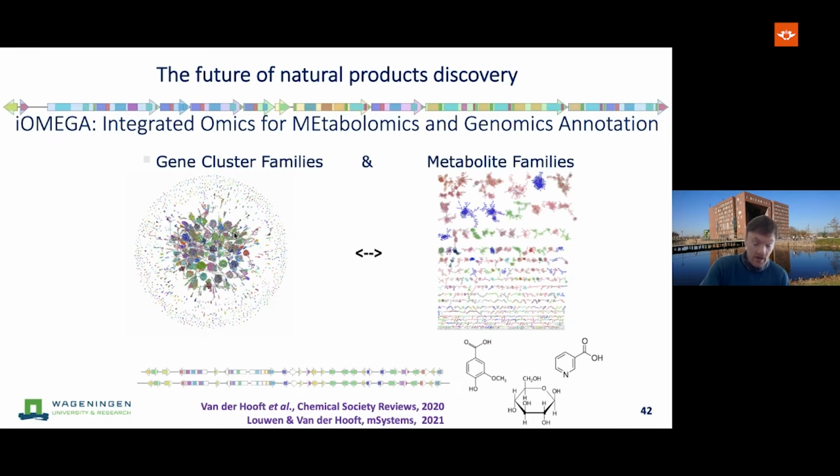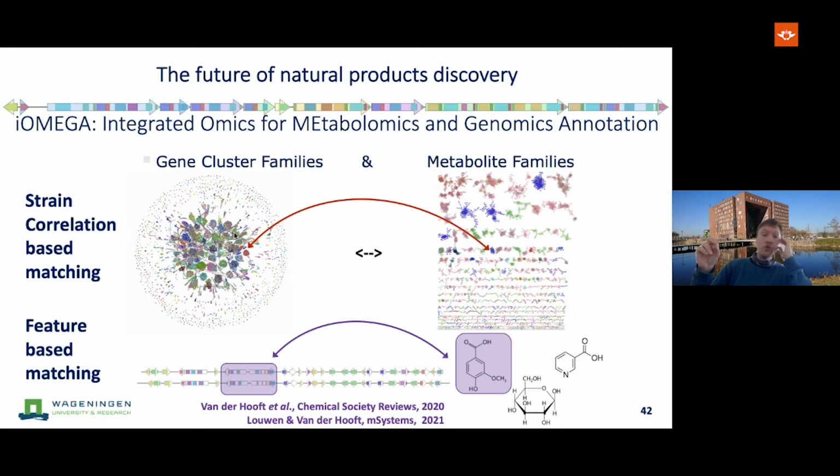So I believe the future of natural products discovery will be in a multi-omics way. When we more and more have this multi-omics data available, we can create gene cluster families, we can create metabolite families, and we can then do this so-called strain correlation-based matching, where we check, okay, in which strains are the genes of this family found? In which strains are the spectra of this molecular family found? And do they match up or not? And then at the second level, we can do feature-based matching, right?